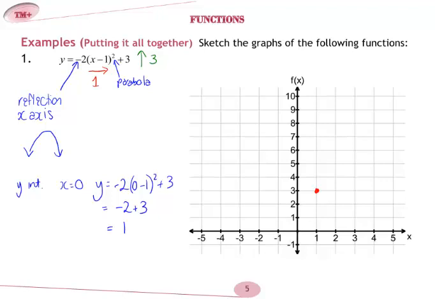So my y-intercept is happening at 0, 1. Now, I also already know that I have a point at 2, 1 because it's a symmetrical parabola. So that's it there. y equals negative 2, x minus 1 all squared plus 3.